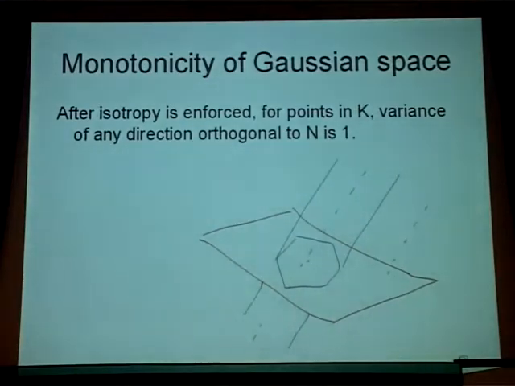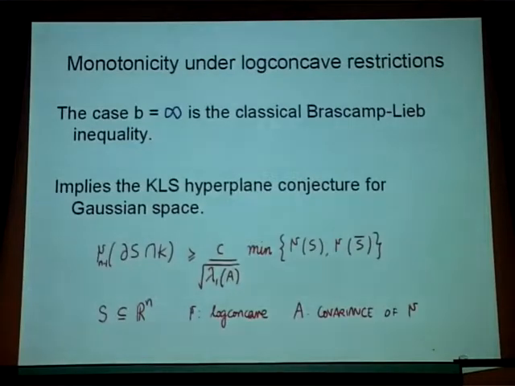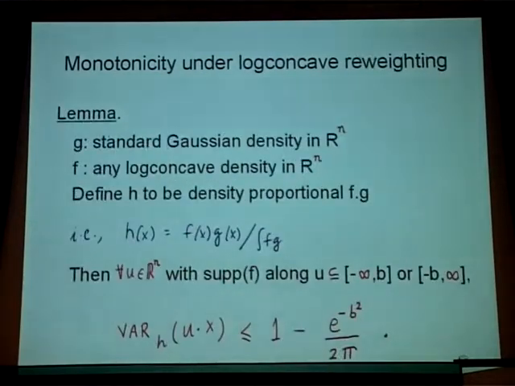Now, what about in the normal subspace? The main lemma, which I won't go through, is that in the normal subspace, the variance can only go down. It cannot go up. If you take any Gaussian distribution and restrict to a convex set, the variance in any direction can only go down. And that's why the smallest k singular vectors capture your subspace.